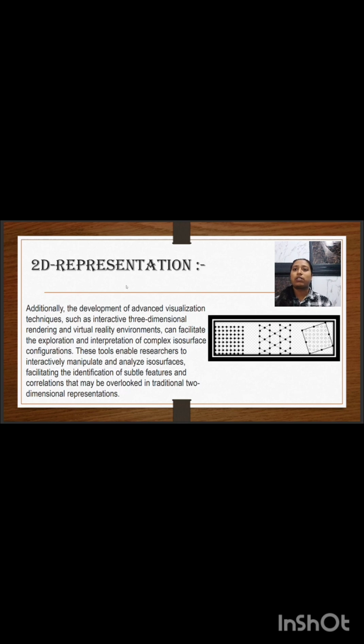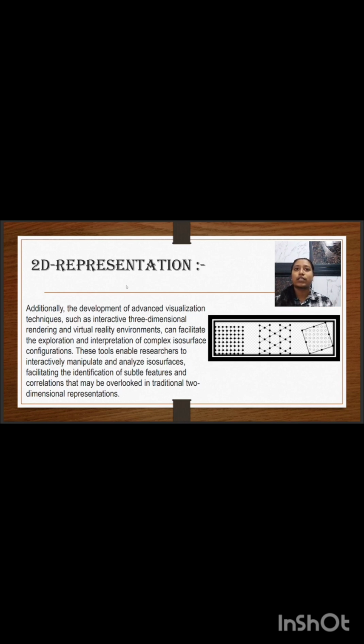These tools enable researchers to interactively manipulate and analyze isosurfaces, facilitating the identification of stable features and correlations they may have overlooked in traditional two-dimensional representations. As in the diagram, we can see the 2D pictures which have some specific points and some of their specific units in it.